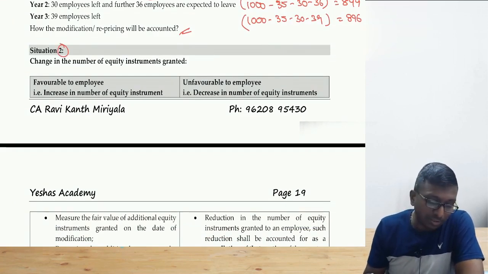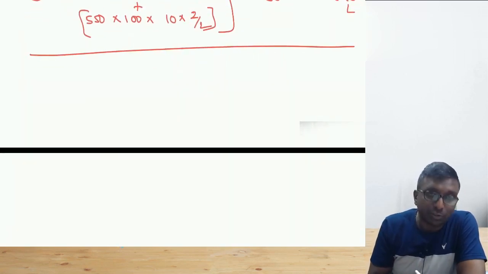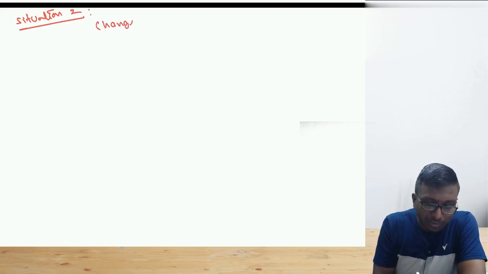What is situation number 2? Change in the number of equity shares, that is, change in the number of shares or options.